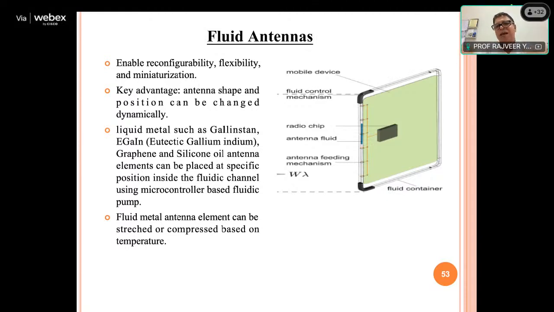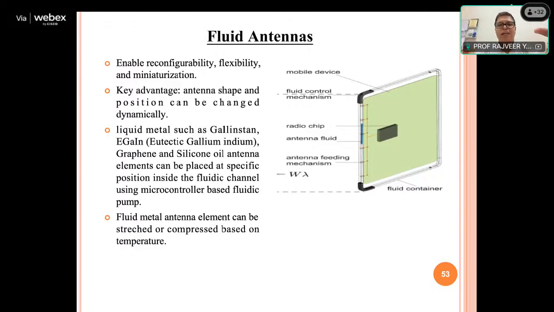You can replace this iPad with the help of a mobile. Whenever the tower signal faces some problem, your antenna will go to that particular position from where the tower is able to fetch you a good amount of signal. So automatically the fluid element will rotate into that particular direction.